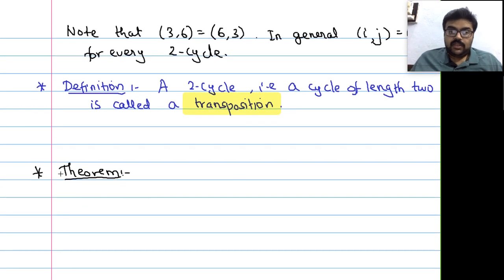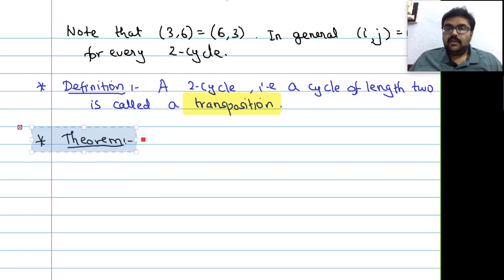So now the result is: every cycle can be written as a product of transpositions, that is, 2-cycles.